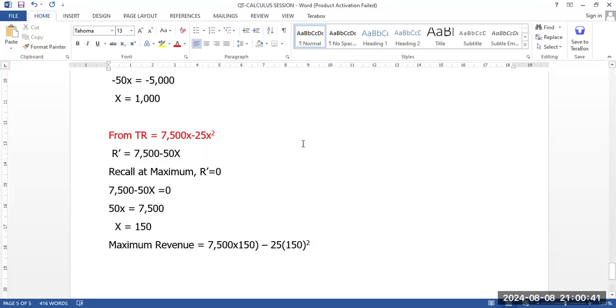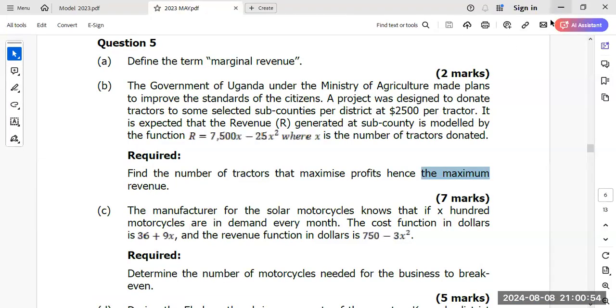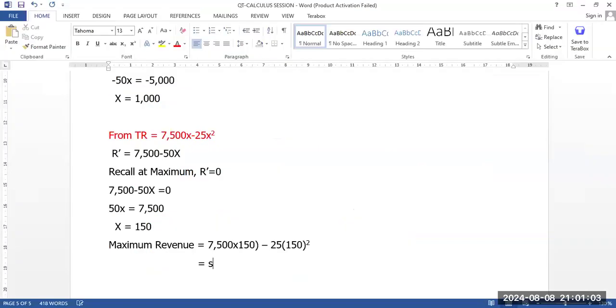Okay, what do you get? Oh, figures are not in shillings. The amount should be in dollars. So what do you get?